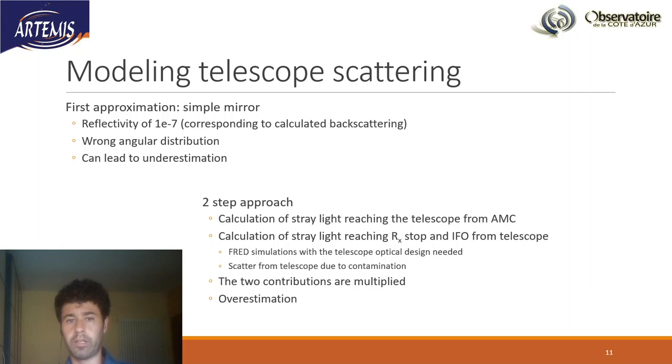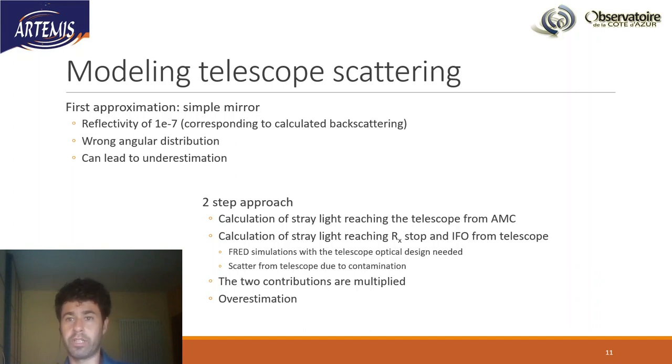Then I passed to studying the scattering. At first we used to model backscattering from a telescope as a simple reflection, putting at the telescope position a simple mirror with reflectivity 1 to the minus 7, which corresponds to the calculated backscattering from the telescope.